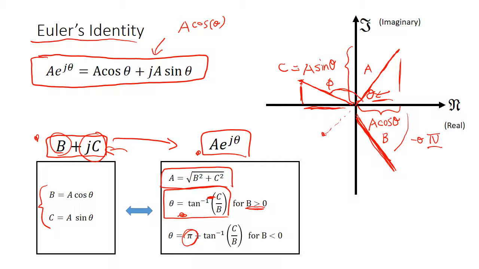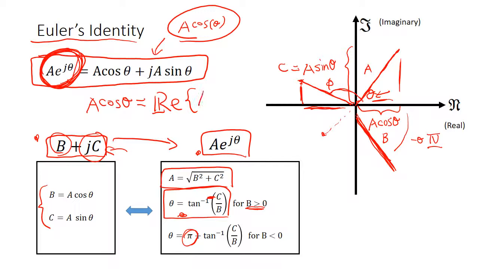Well, to convert the polar form, which we've defined here, to the real time domain signal we see, the conversion is simply that a cosine theta is the real part of the polar form you see here. So when you just take the real part, that takes out the sine and you're left with a cosine theta.